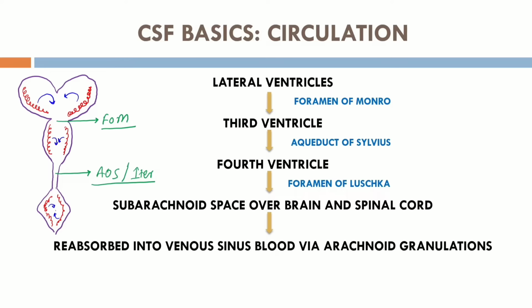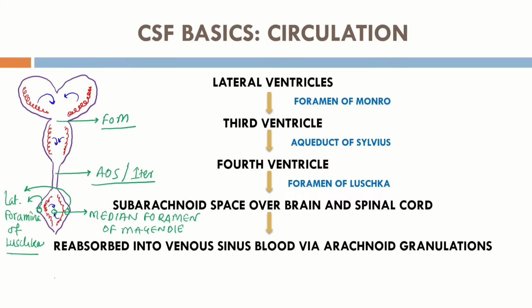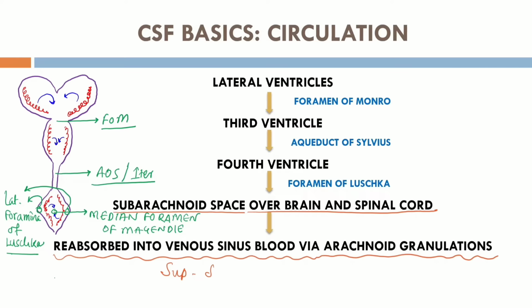Now from the fourth ventricle, via the median foramen of Magendie and the lateral foramina of Luschka, the CSF gets drained into the subarachnoid space over the brain and the spinal cord, from where it is reabsorbed into the venous sinus blood by the arachnoid granulations, mainly in the superior sagittal sinus.